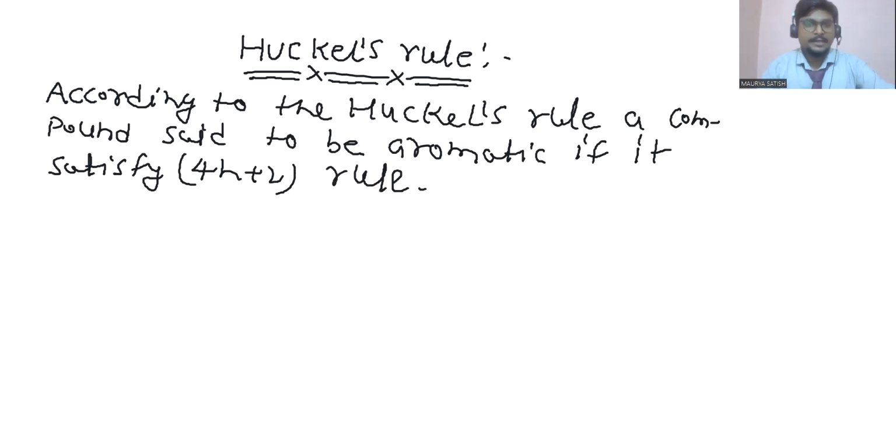Okay, so obviously Hückel gives the rule. If any compound satisfies the 4n plus 2 rule, then it is called an aromatic compound. So first we'll discuss aromatic, then anti-aromatic, then non-aromatic. So first heading is aromatic.